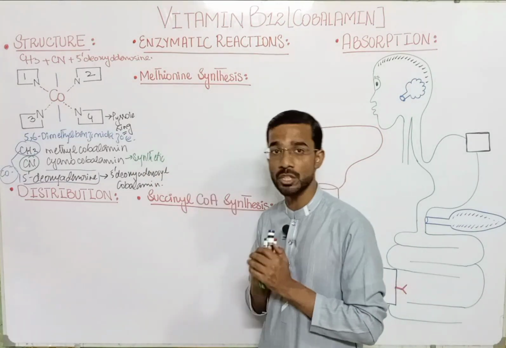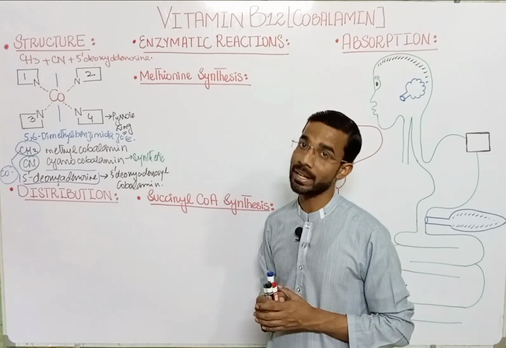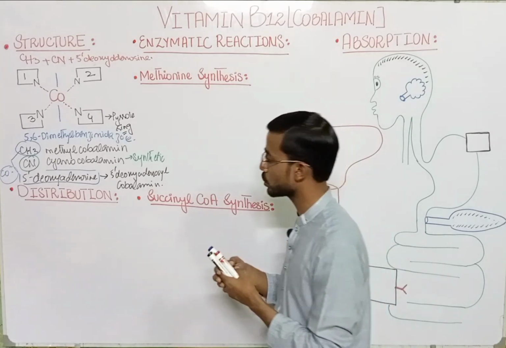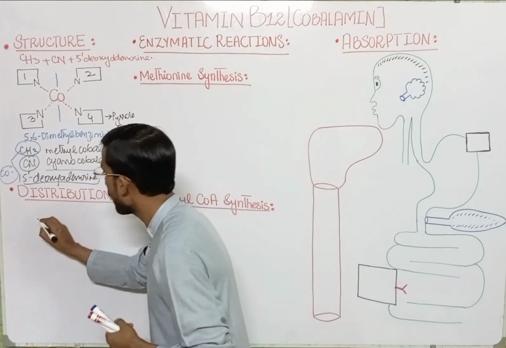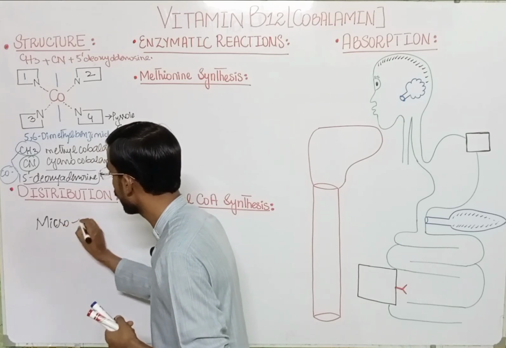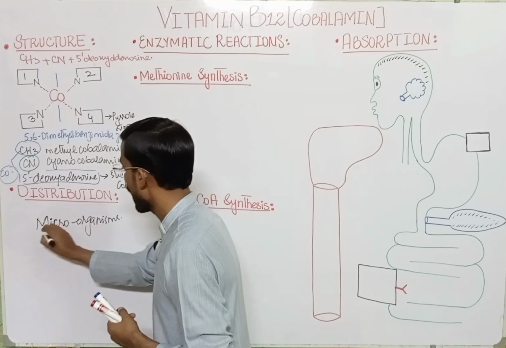Next we will discuss the distribution. Cobalamin is formed by microorganisms and is not present in plants.